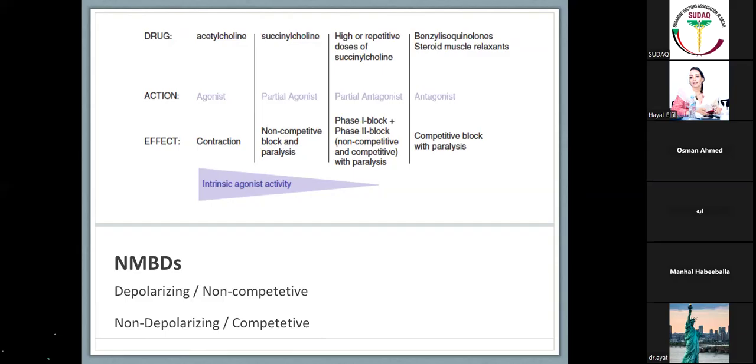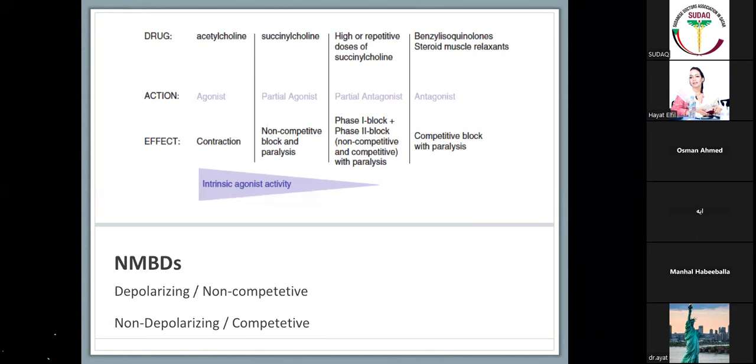Then we have the two groups of muscle relaxants, which are the depolarizing and the non-depolarizing. The only depolarizing muscle relaxant is succinylcholine, and the non-depolarizing will be divided into other compounds, as we will see later.